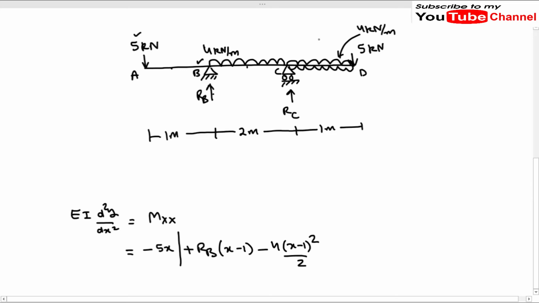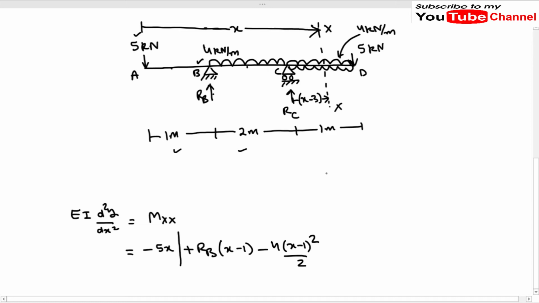Now we have moved our section in this segment CD. So now this is our section XX, and it is also at a distance of x from A, and this distance will be x minus 3. Now why 3? Because x minus 3 is the distance 1 plus 2. So this is 3.